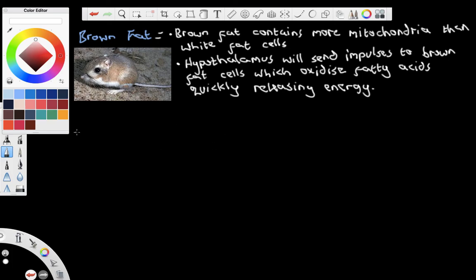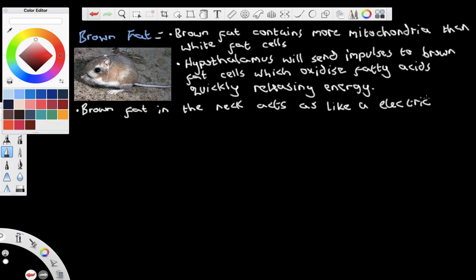So we can say on this final bit that brown fat in the neck acts like an electric blanket. Okay.